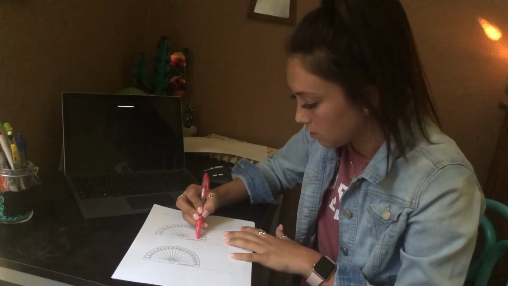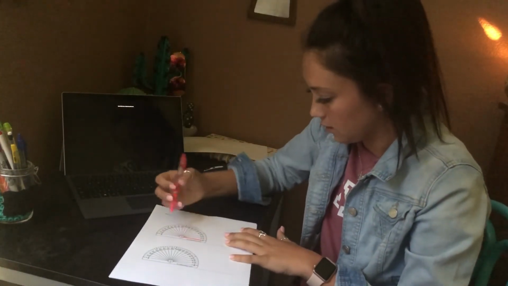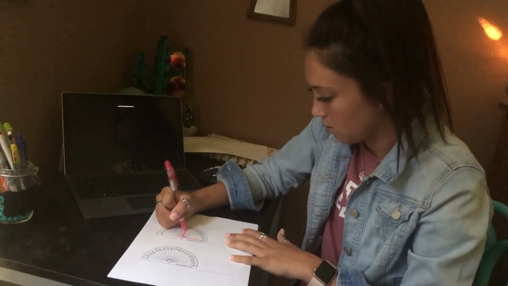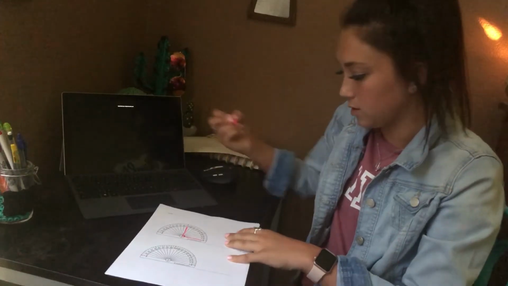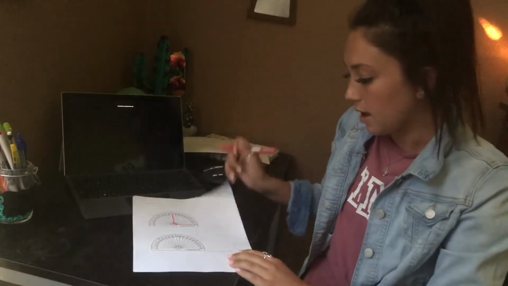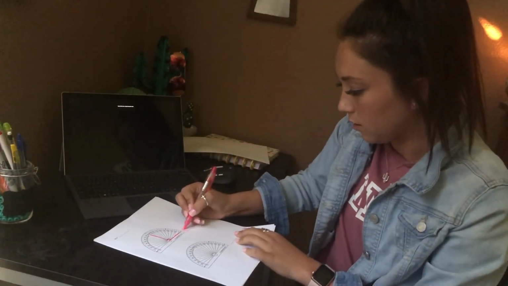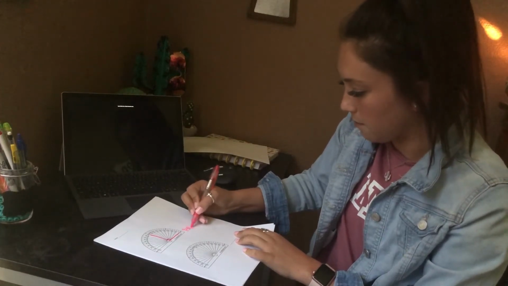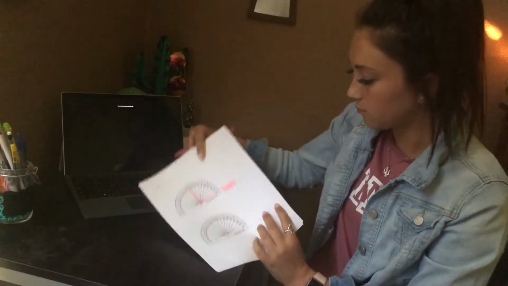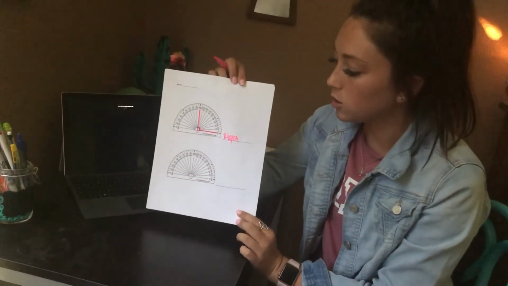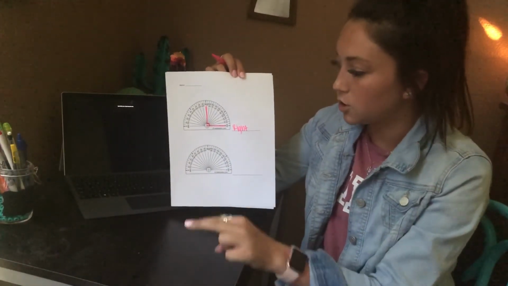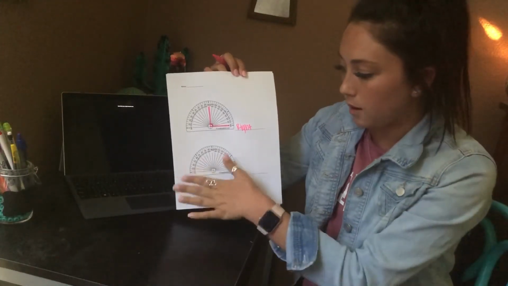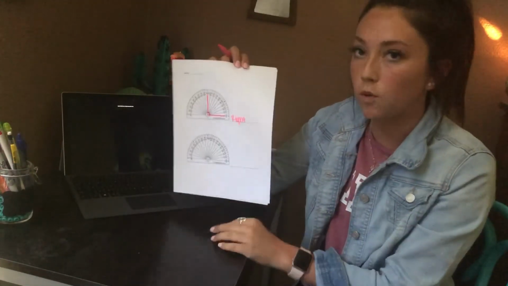I'll draw my line here and go up 90, and we can write our little box because that's our key point to remember for a right angle. And then on the line, I'll label what I made. So I made a right angle. I already did my 1 right, so now I need 2 obtuse and 2 acute angles. And you can make whatever degree you want on your own.